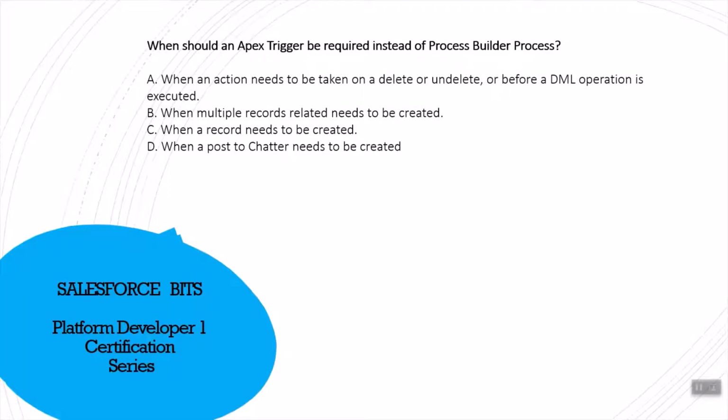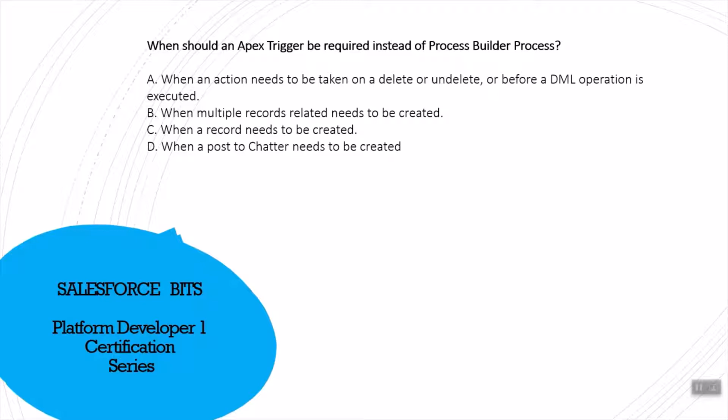And when should an Apex trigger be required instead of a process builder? So the A, when an action needs to be taken on a delete or undelete or before DML operation, yes. I think the B, C, D, which all, when multiple related records need to be created, you can do it in process builder itself.